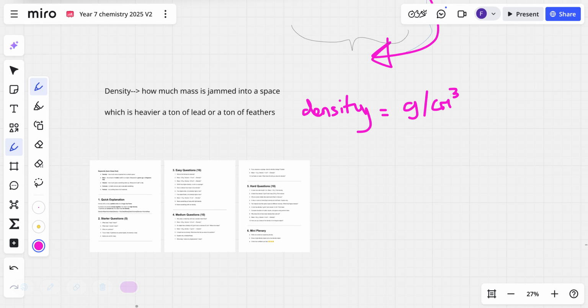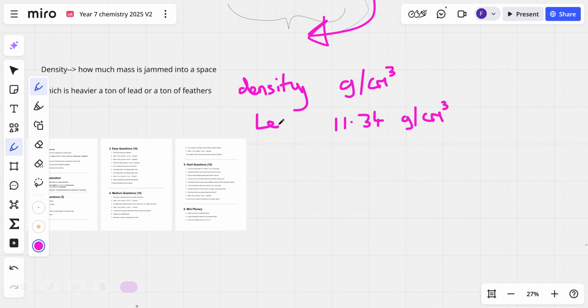So if I find for you the density of lead, it's 11.34 grams per centimeter cubed. Being very careful how I say this to you. So this is the density of lead. You've got 11.34 grams of lead jammed into 1 centimeter cubed.